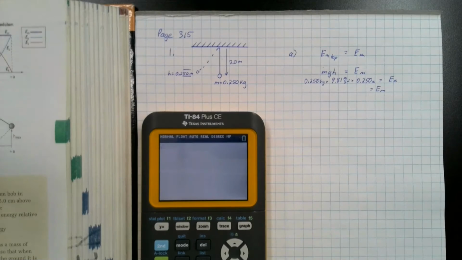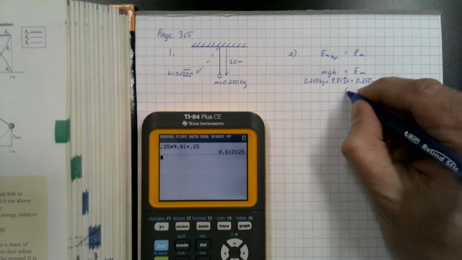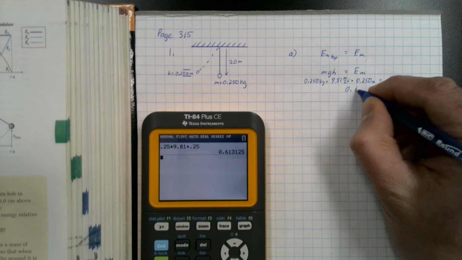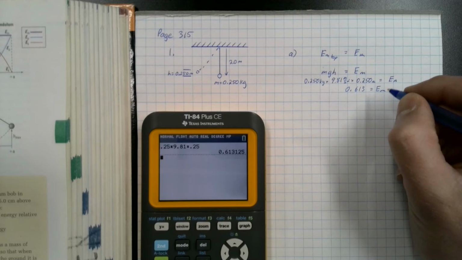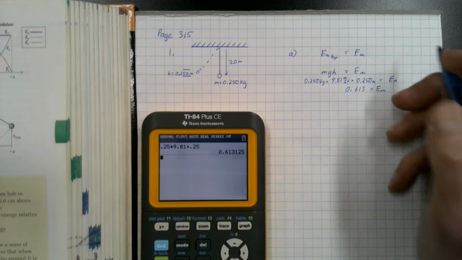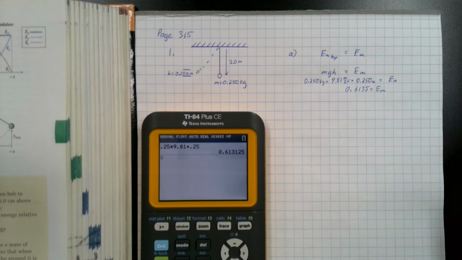So on the calculator, 0.25 times 9.81 times height of 0.25 gives us a value of 0.613125, so it rounds off to 0.613 joules of mechanical energy in that pendulum system, no matter where it is in the swing. Part B, what is the kinetic energy?